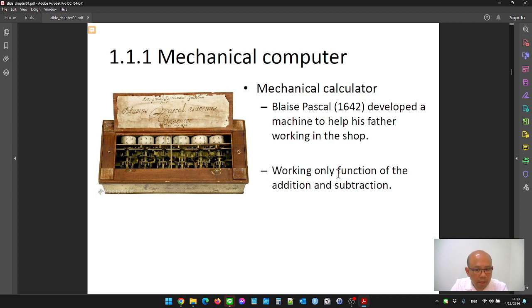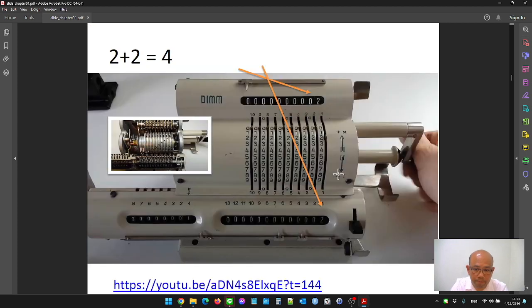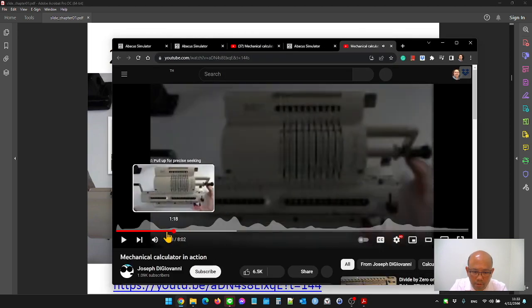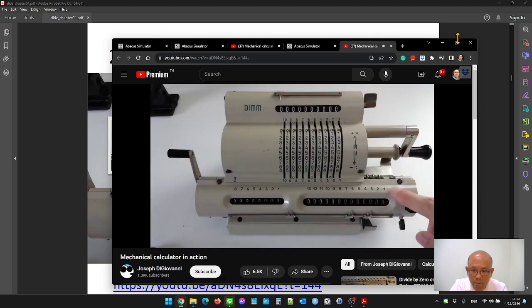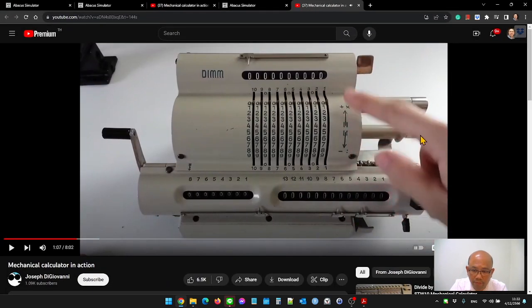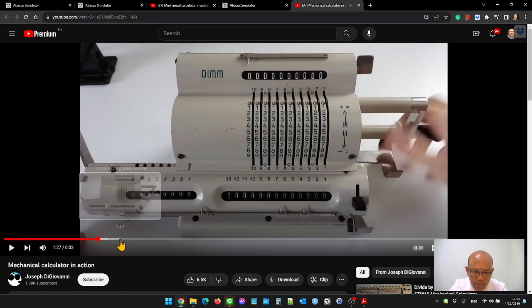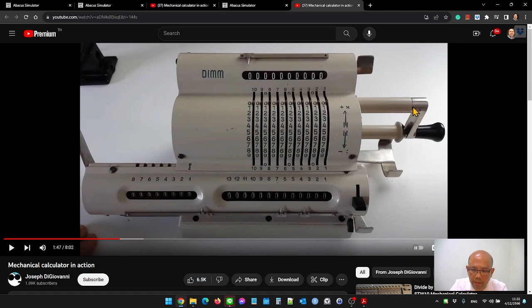The mechanical calculator was developed until the last mechanical calculator used in the bank. Here in this example is the mechanical calculator used in banks. I show you the links from the internet by clicking these links below. Here, the mechanical calculator has a rotation arm.